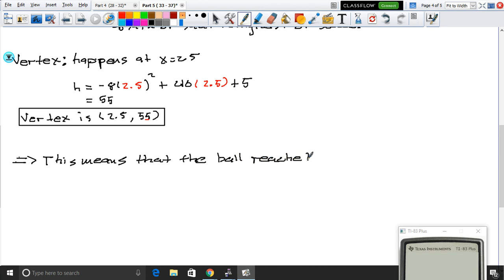A maximum what? The ball reached a maximum height of 55, because notice that the y value is the height. So the ball reached a maximum height of 55 feet. Hold on, is this being given in feet?